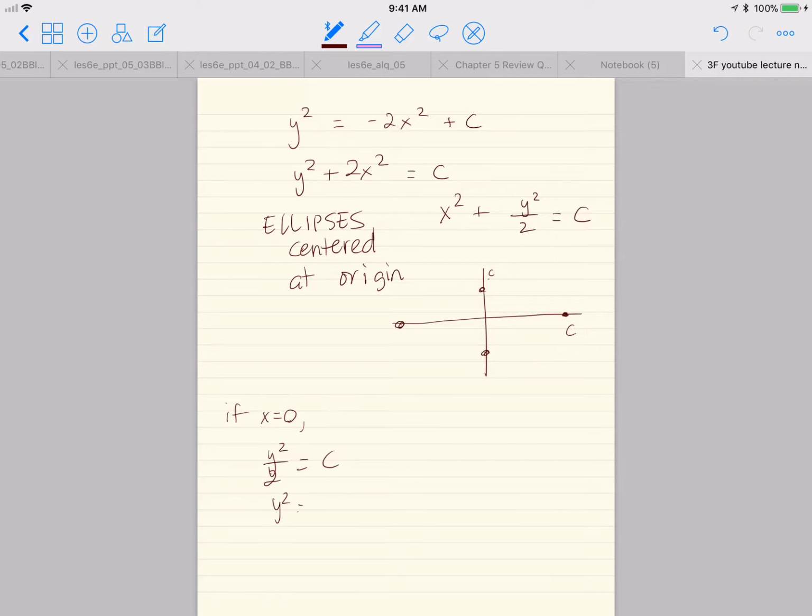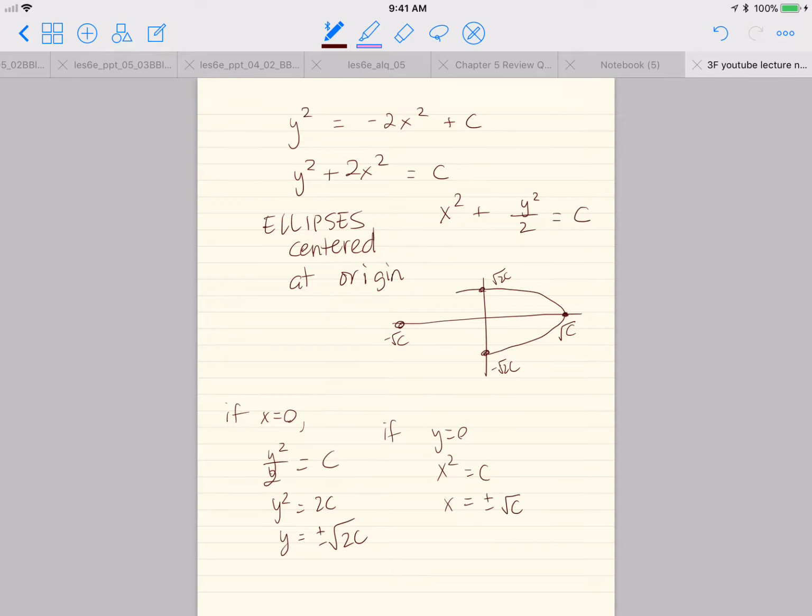So y squared equals 2c. y equals plus or minus the square root of 2c. So this will be up here, square root of 2c, and this will be negative square root of 2c. If y equals 0, then we'll have x squared equals c. So x equals plus or minus the square root of c. So that'll be square root of c and negative square root of c.